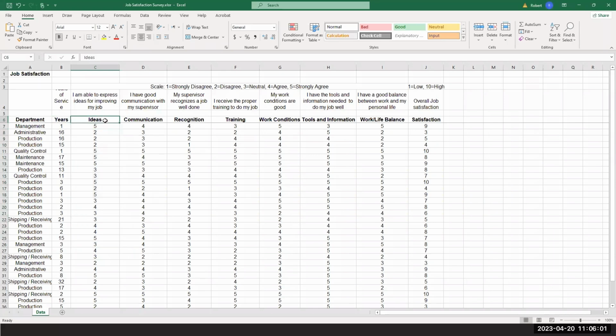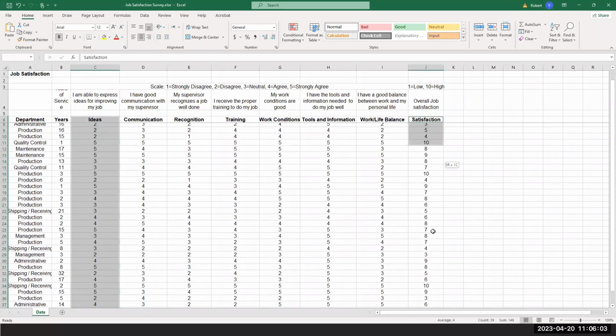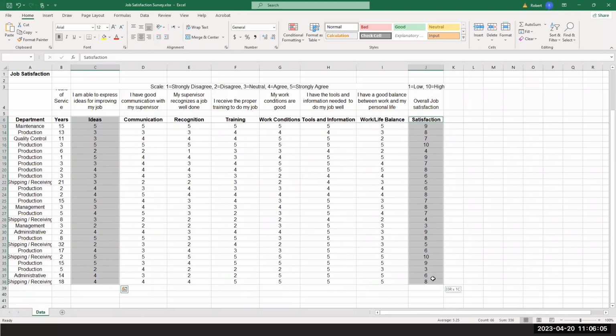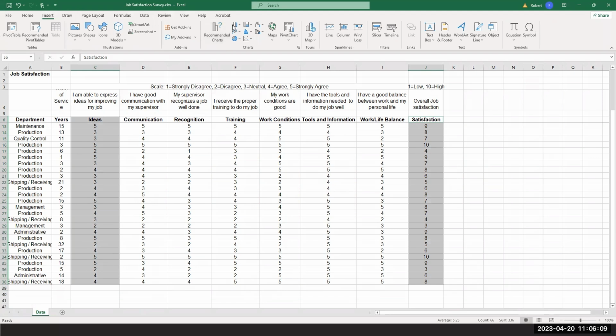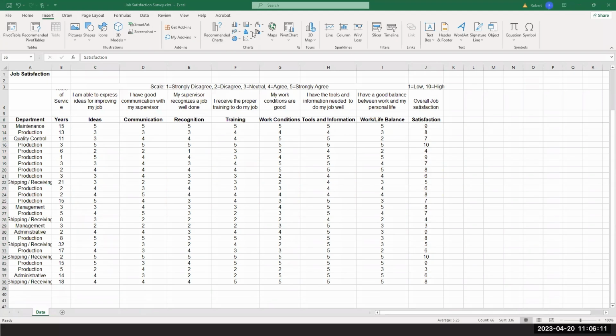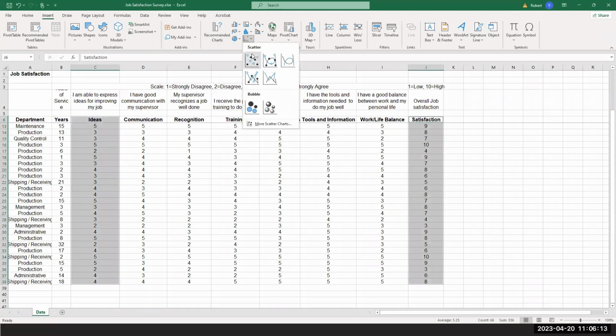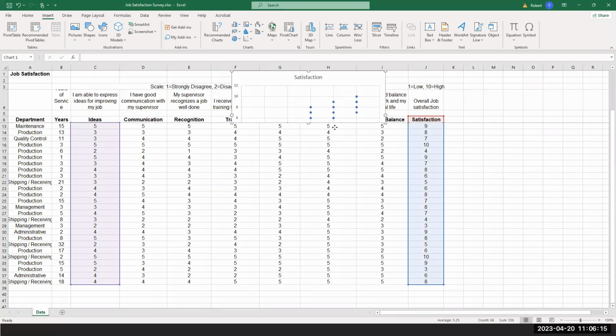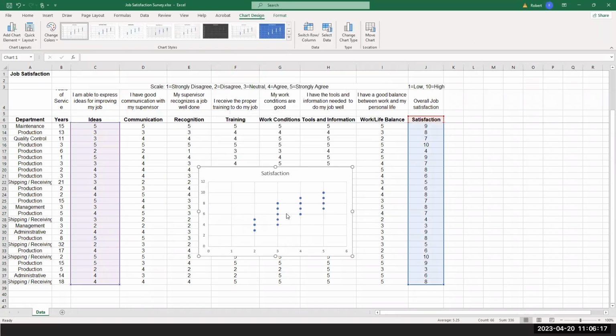Ideas and satisfaction. We'll go to insert, scatter plot. Okay, so we have something like this. So we have this trend here.